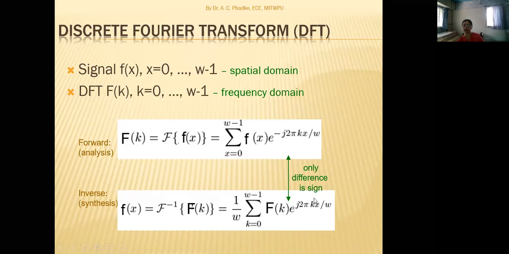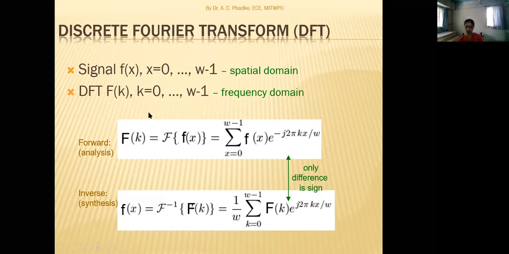For the Fourier transform, this e raised to j 2 pi kx by w represents the inverse transformation kernel, that is h(k, x). So this is the concept of forward transformation kernel and inverse transformation kernel.